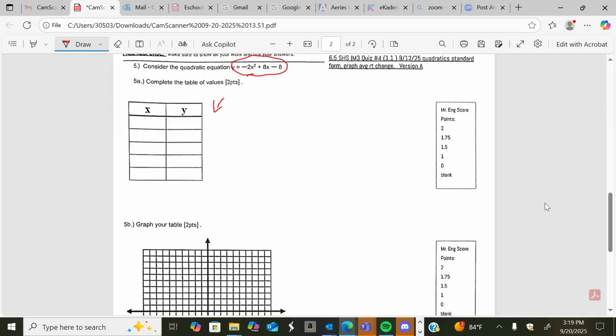So the axis of symmetry formula is negative b all over 2a, and this can be found by looking at the coefficients of our quadratic. We know that b is actually 8, and we also know that a is equal to negative 2, right?